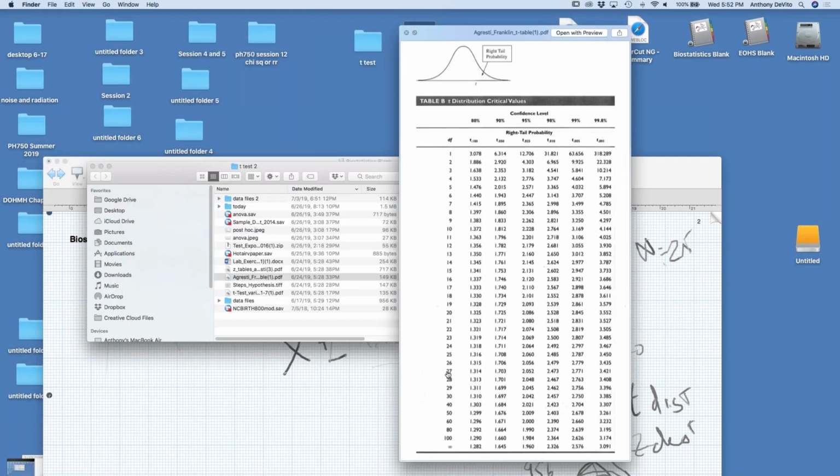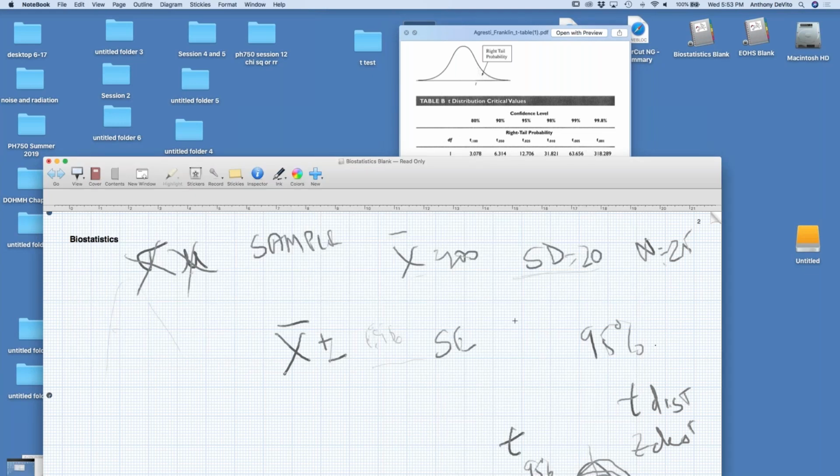The way that we use the t table is we look for the degrees of freedom. Sample size is 25 in our case, which means our degrees of freedom are 24. I would go across to 95% confidence, and 24 gives 2.064. So that is the value we would use in place of 1.96. Okay, so that's my t value.